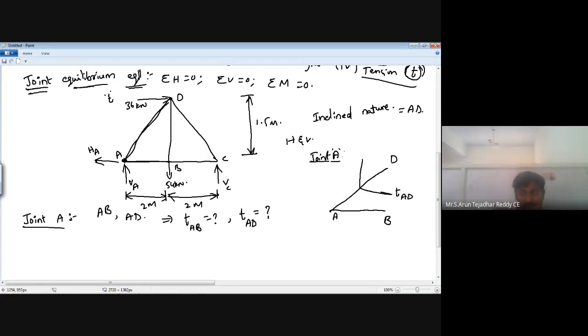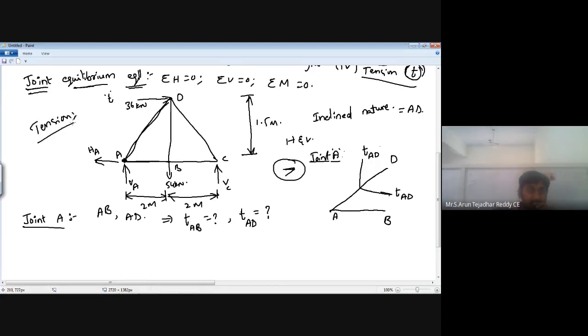So TAD, that is horizontal, TAD, that is vertical. See, in previous classes, that is method of joints and method of sections, we gave the outward direction. But in the tension coefficient method, the outward direction is not required because the name is tension.